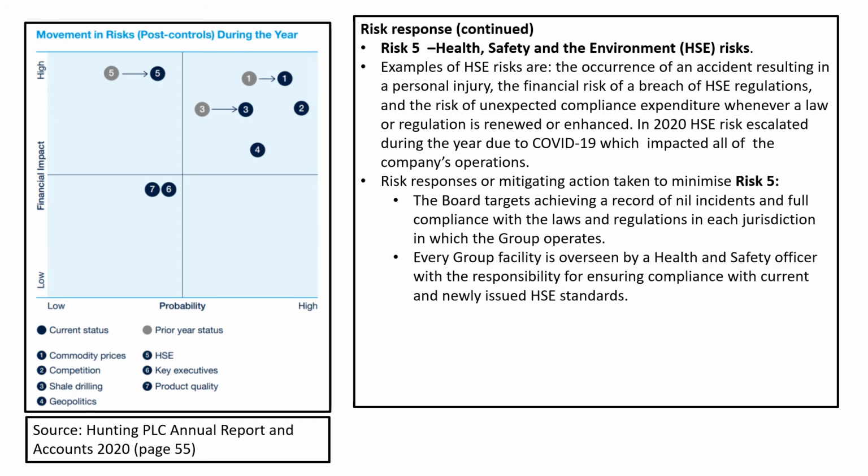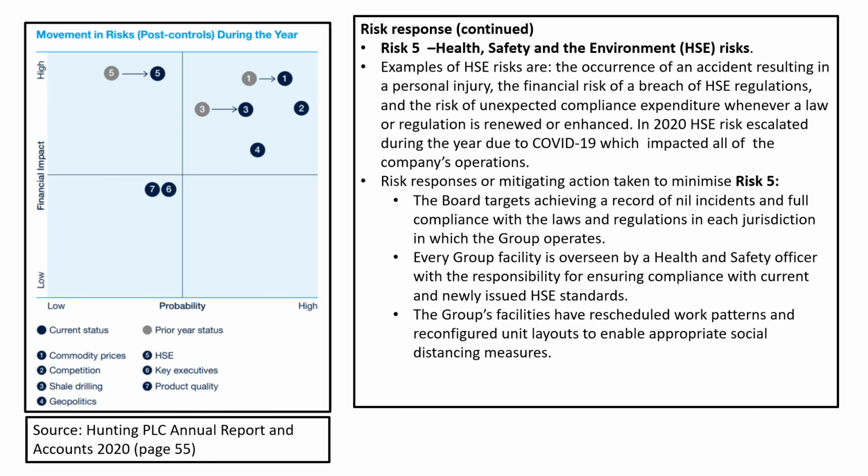Every group facility is overseen by a health and safety officer with a responsibility for ensuring compliance with current and newly issued HSE standards. The group facilities have rescheduled work patterns and reconfigured unit layouts to enable appropriate social distancing measures, and staff have been encouraged to work from home where this is possible.